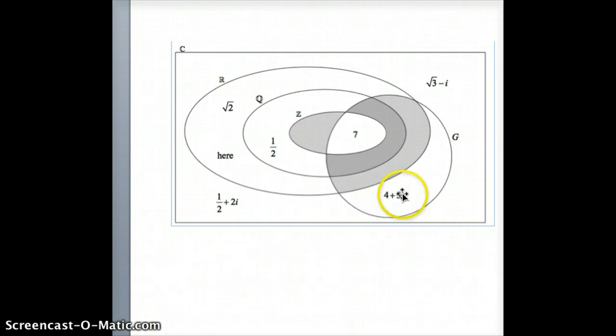I mean, the real and imaginary parts of the number, when you multiply them by a rational, have to be rational. They couldn't be irrational, which is this section out here. So that's why this is the only place where that cannot be.